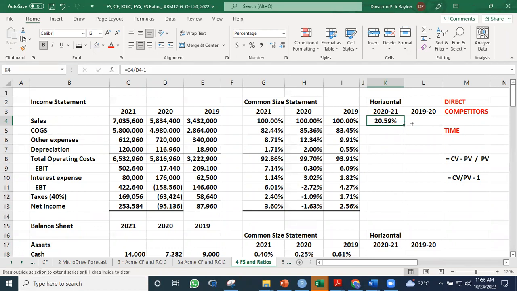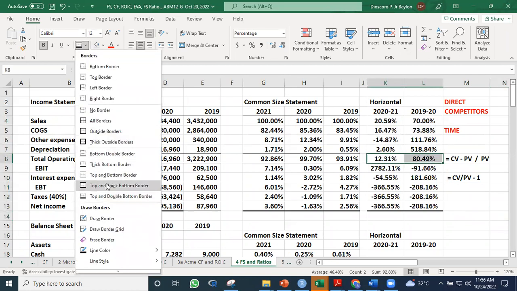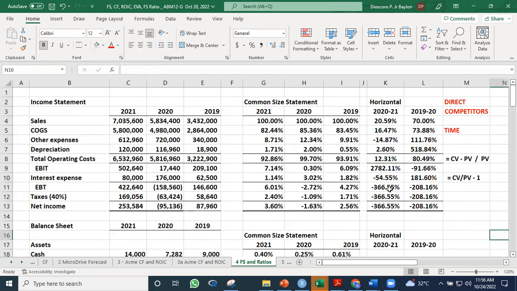And then we can just copy this. And then once again, ito na muna. Lagyan natin yung mga lines, top and bottom. Okay.